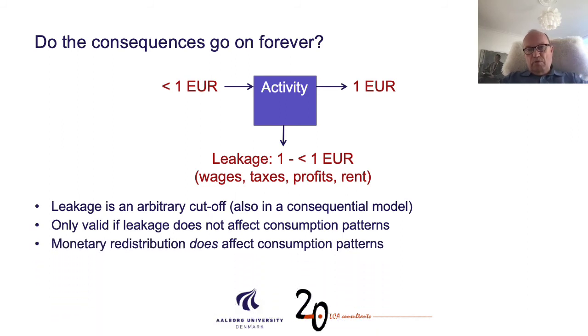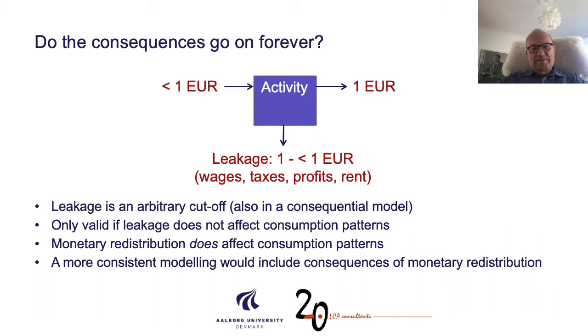But we know that monetary redistribution does affect consumption patterns because the money will go to different people with different income levels, and people with different income levels have different consumption patterns. So a more consistent modeling would include the consequences of monetary redistribution.